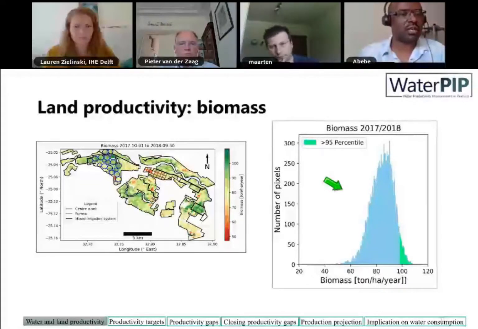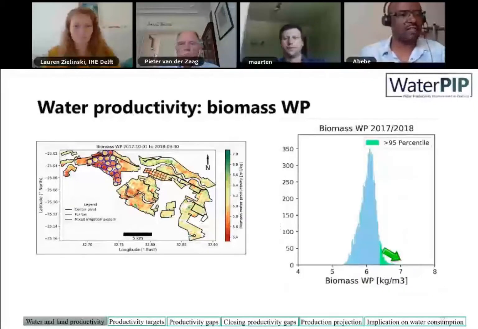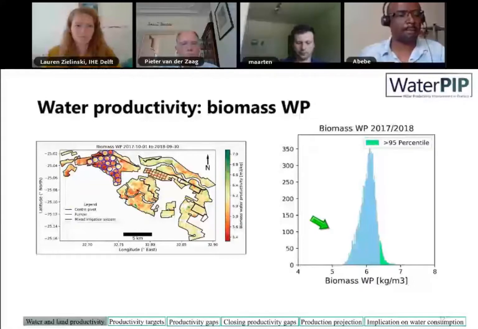It nicely shows the normal distribution, also coloring the values above the 95th percentile, which we said can be a target or beyond those targets. Similarly, we plot water productivity, which also varies across space, and the distribution here also shows a normal distribution. So with this, can we identify the target?